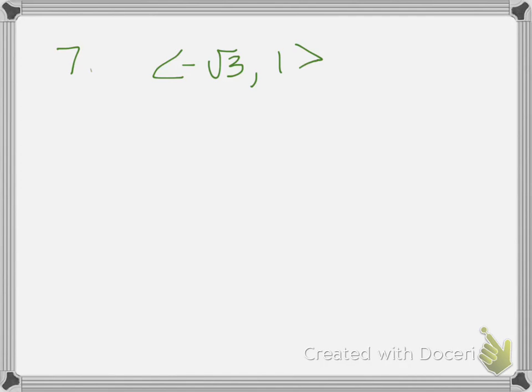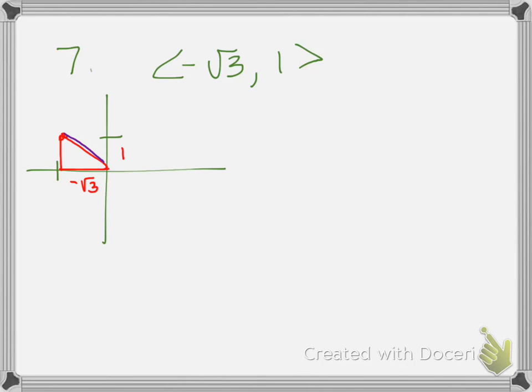Alright, here's another one. Negative square root of 3 and 1. There's the vector. I'm going to go ahead and make my little triangle here. I know that the magnitude is the distance of that purple.